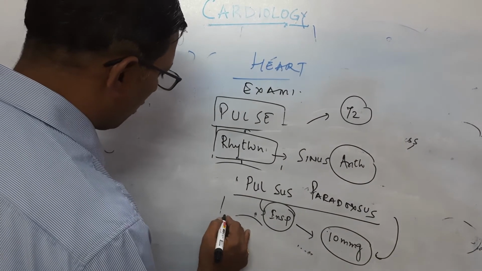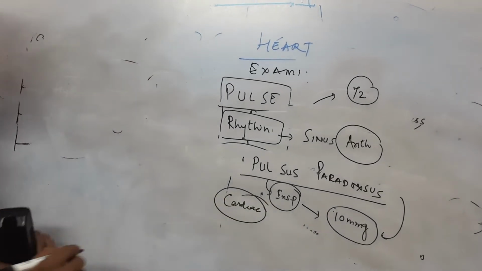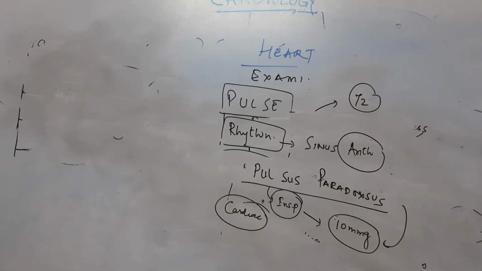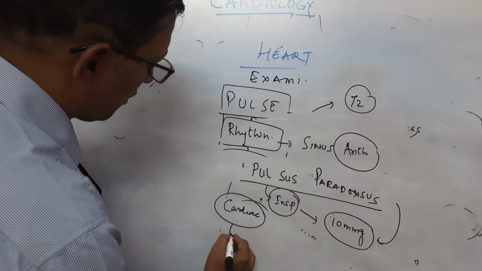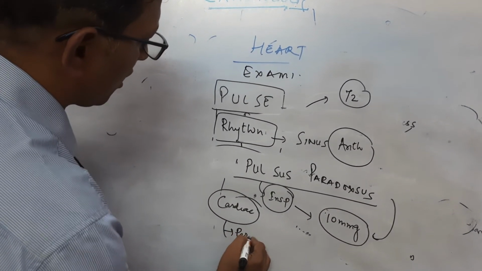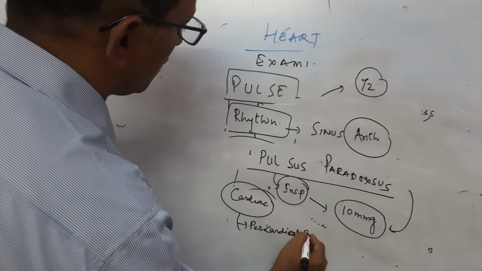Now, when you come to the cardiac origin causes, the first is pericardial effusion.